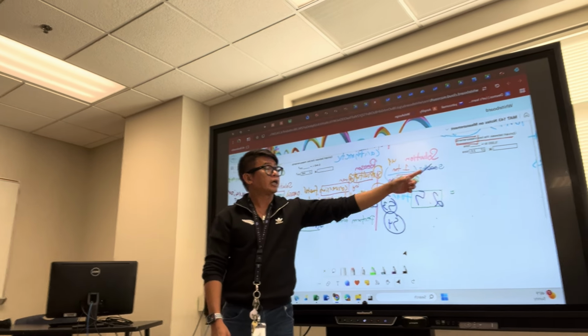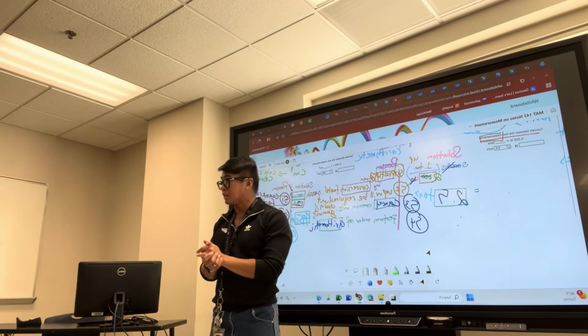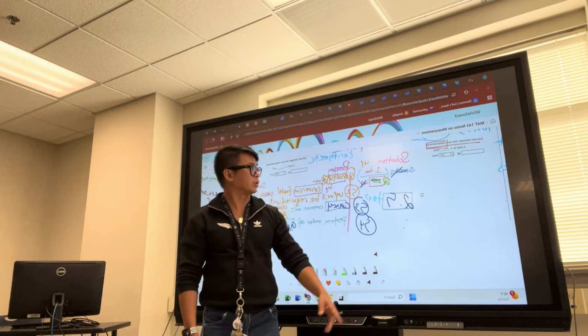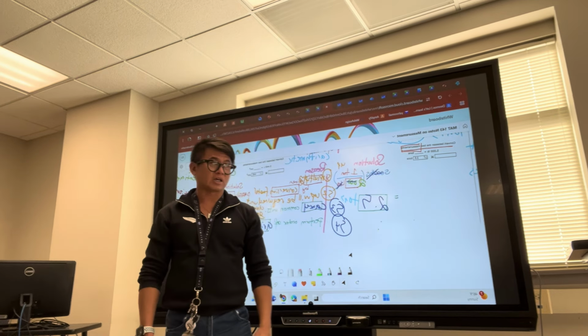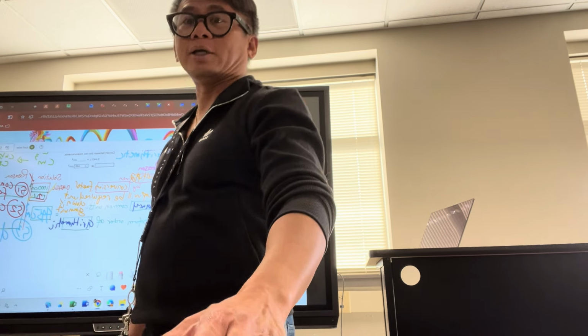But in here, one is above and one is below, so you divide. 5 divided by 2 is 2.5 tons. So 2.5 tons is your 5,000 pounds. Okay, any questions regarding your measurements?